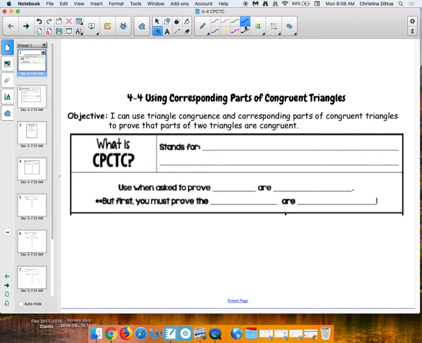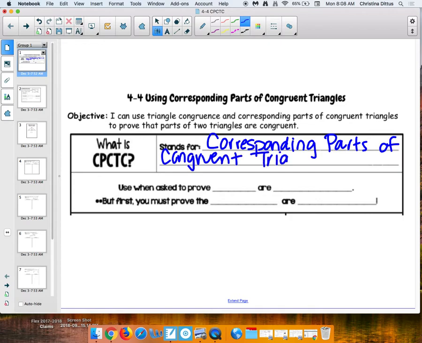CPCTC. What it stands for. Are we ready? Corresponding parts of congruent triangles are congruent.